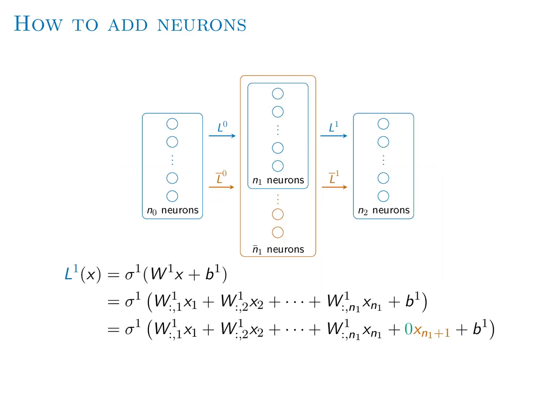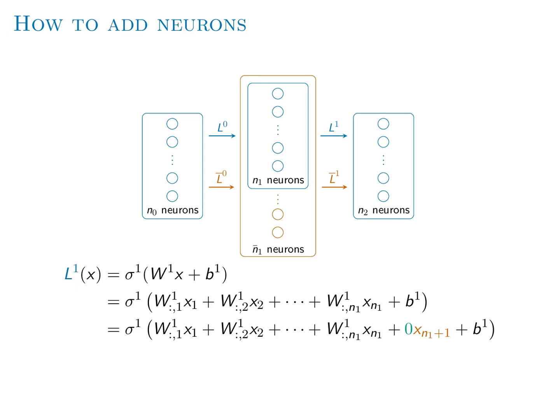To introduce this matter, let me show you how we could do this very easily, despite this is not very convenient in practice. We start by writing the L1 operator. By definition, this is sigma 1 applied to Wx plus B1.